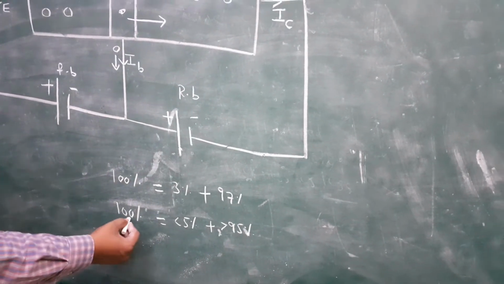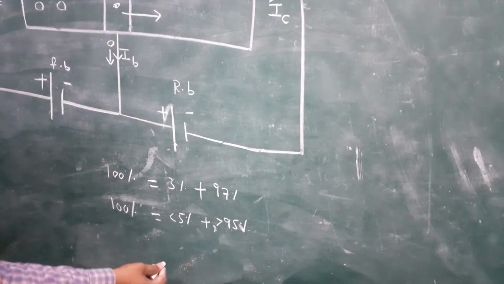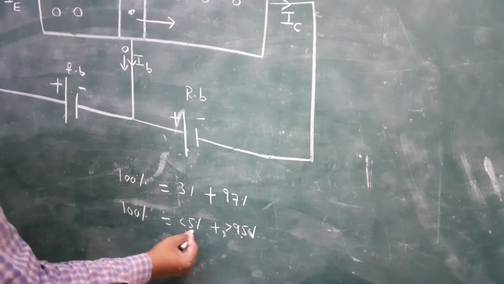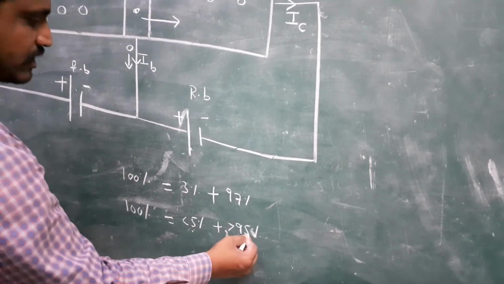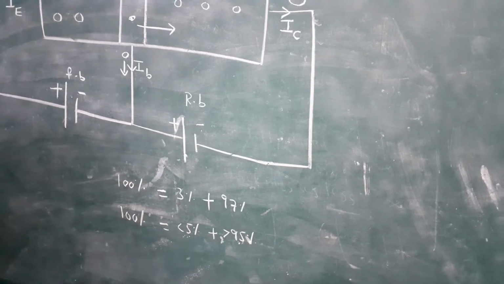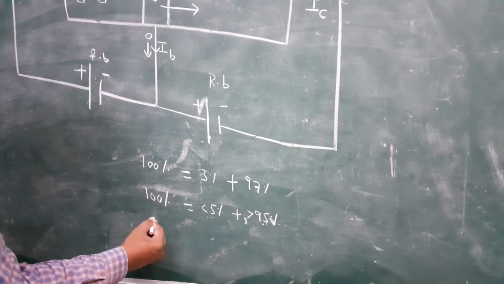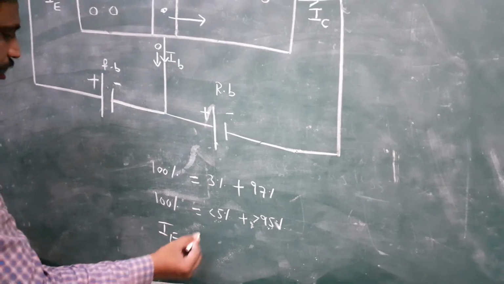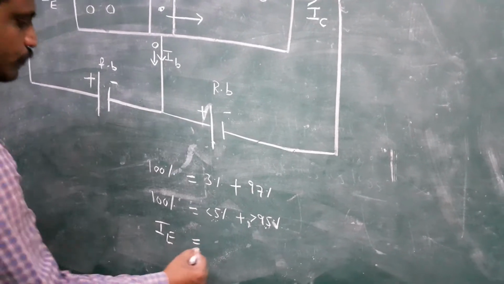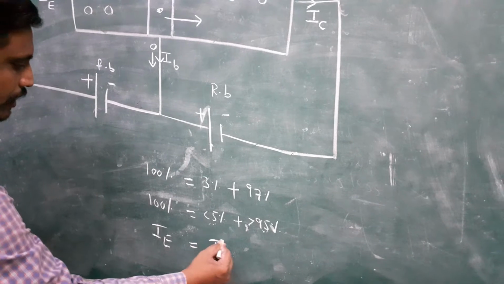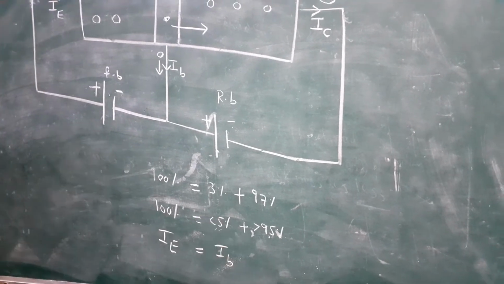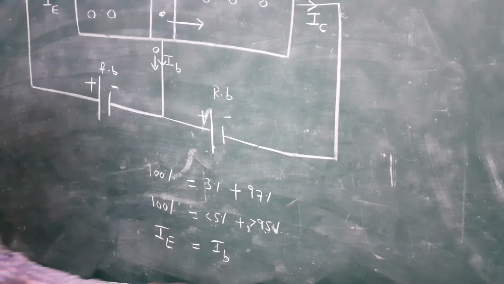That means 100 equals 5 plus 95, 4 plus 96, 3 plus 97, 2 plus 98, 1 plus 99. That means 100% is nothing but the emitter current, equal to less than 5% which constitutes the base current.